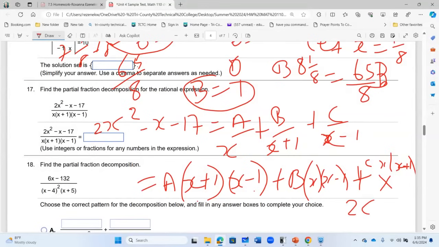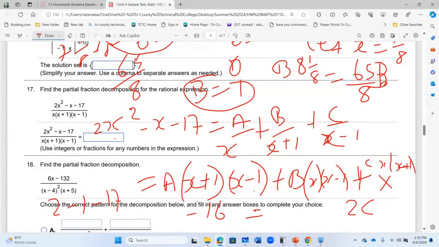So when x is equal to 1, we have 2C. On the left-hand side, I have 2 minus 1 minus 17, which is minus 18. So minus 18 plus 2 is minus 16. So minus 16 is equal to 2C.